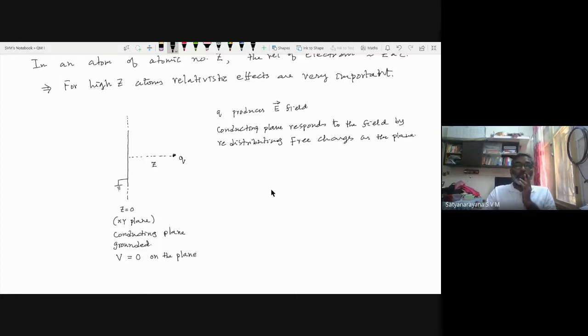So what is the result? That means a surface charge density, rho of x comma y, sorry, usually we write it as sigma of x comma y, because surface charge is induced on the plane.